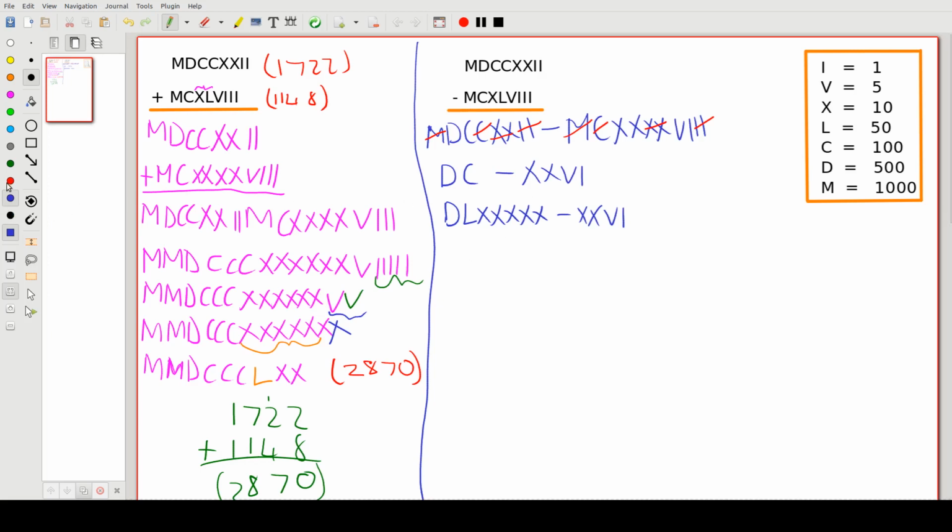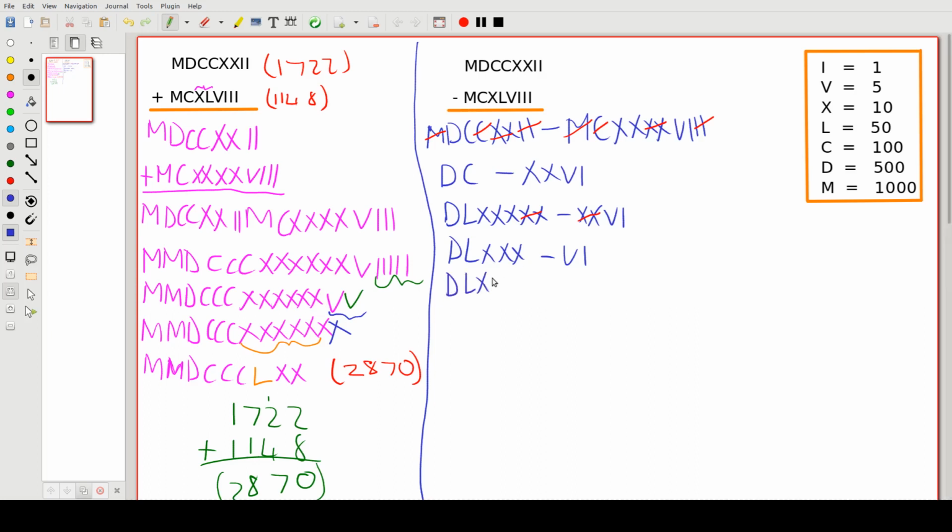Okay, so what can we cancel now? Well, we can cancel 2 of these x's with 2 of those x's. What are we left with? DLXXX minus VI. And again, we can change one of these x's into a V and 5 i's.